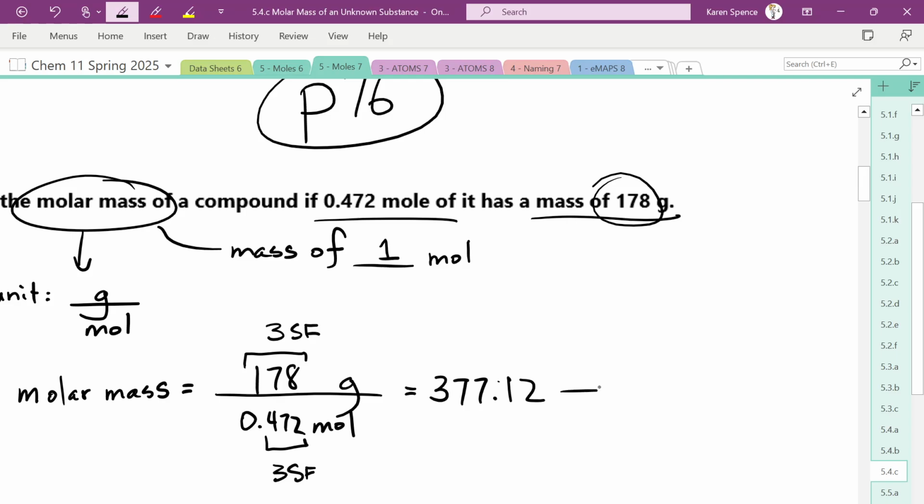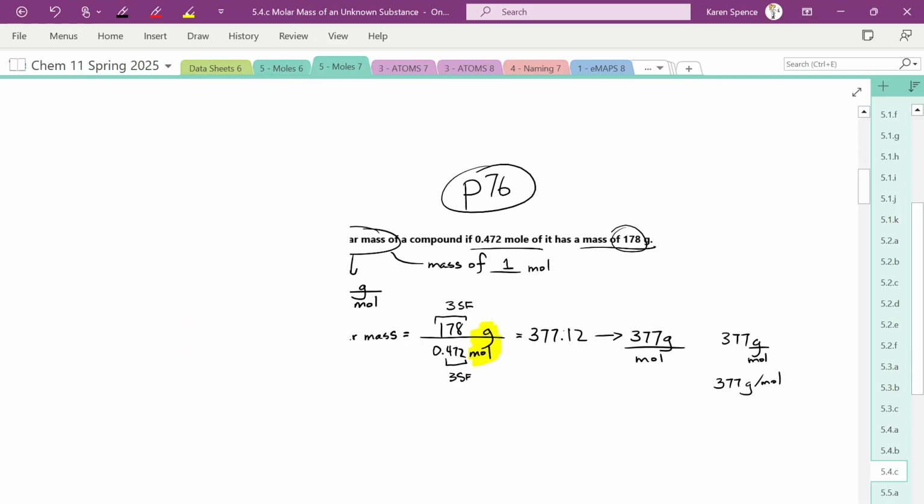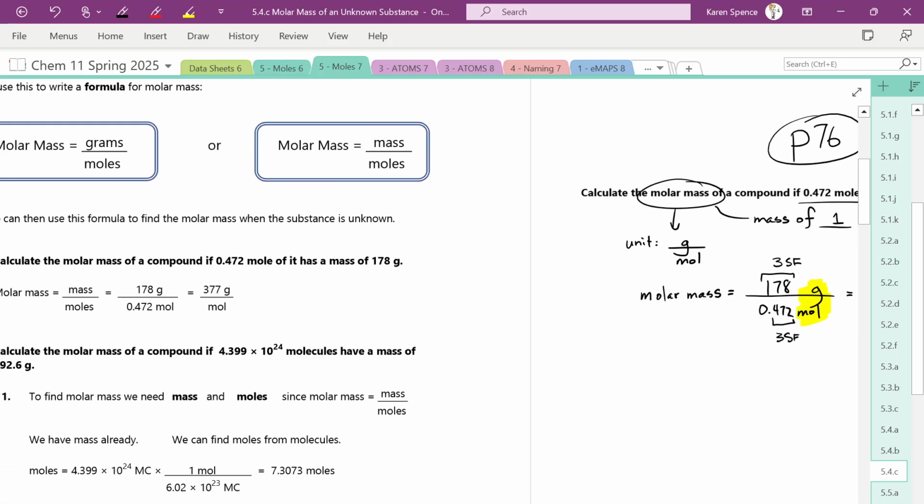So that's going to then round to 377, and our unit, grams per mole. If you prefer, you can write it like this, 377 grams per mole, or you can write it like this, 377 g/mol. As an answer, it doesn't matter. You can use that little slash. Okay? Next one.